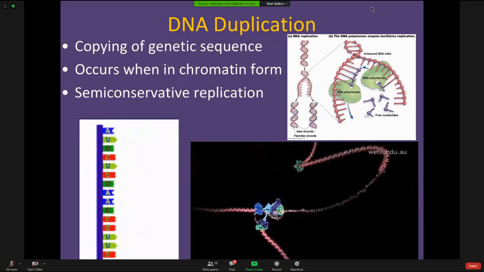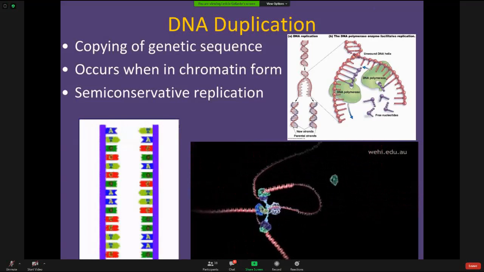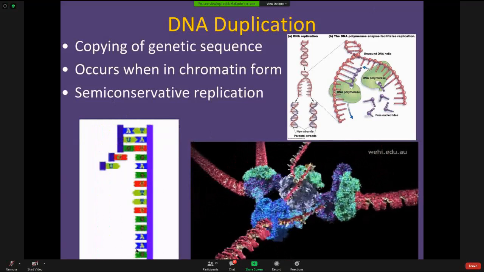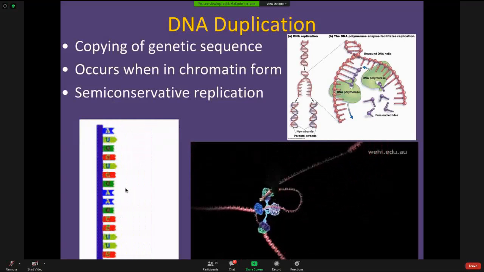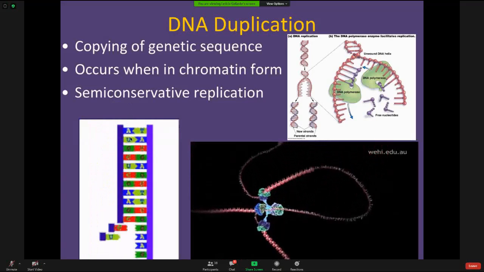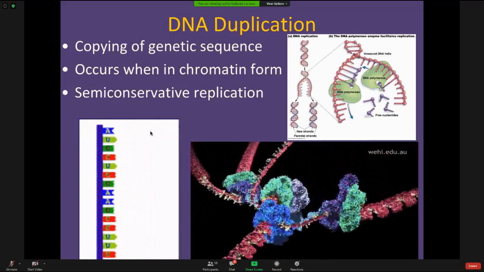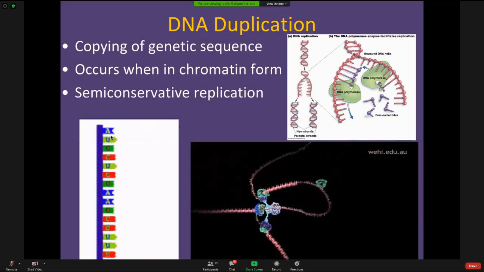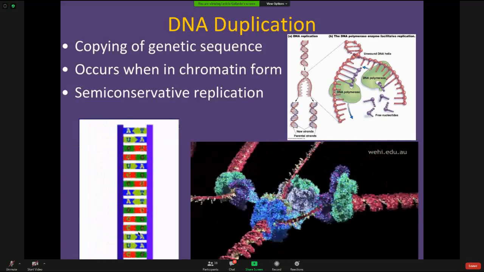So again, during interphase, we're going to be duplicating the DNA, and that's basically where you're taking advantage of the molecular structure of that nucleic acid. You're going to be separating apart the two halves of the DNA strand, exposing the nitrogenous bases of your nucleotides.